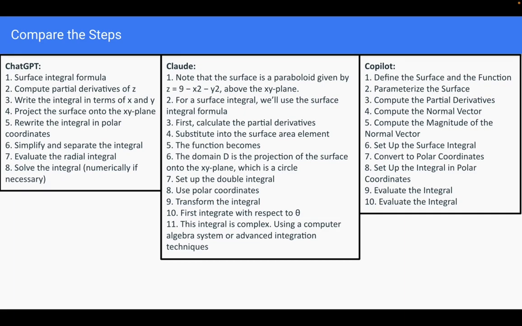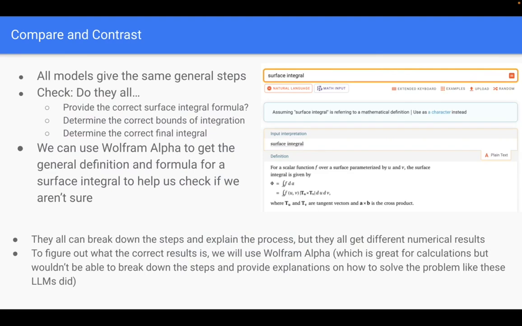You might on your own be able to recall how to evaluate a surface integral, but in case you don't, we can use Wolfram Alpha for assistance. If you type in surface integral into Wolfram Alpha, it will give you the definition with a formula.